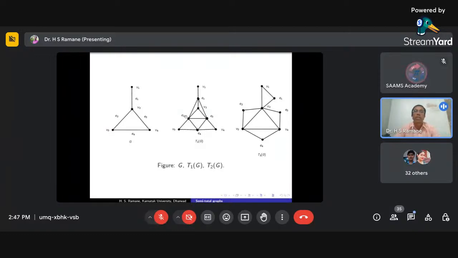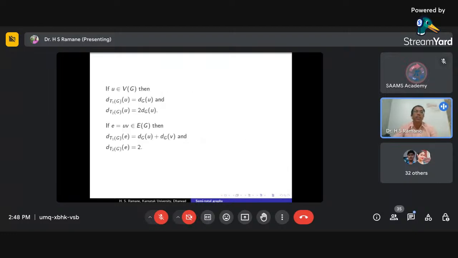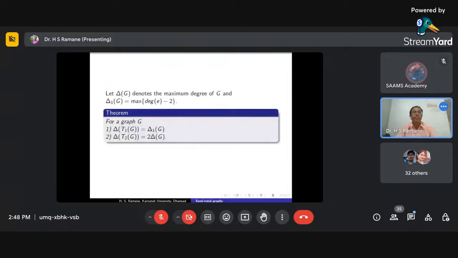So see here, the degree of E2 is 5. And in T2, the degree of E2 is always 2. Here 2, 2, 2. For each edge, it is 2 only. So by observation, easily one can tell this. So these are the degrees of the points in the semi-total point graph as well as the line graph.